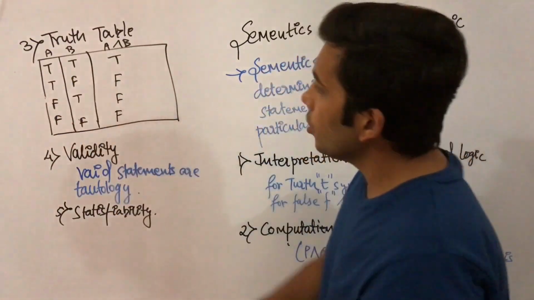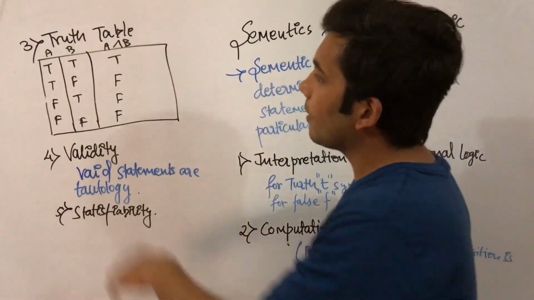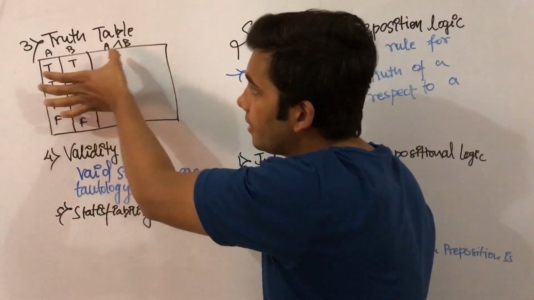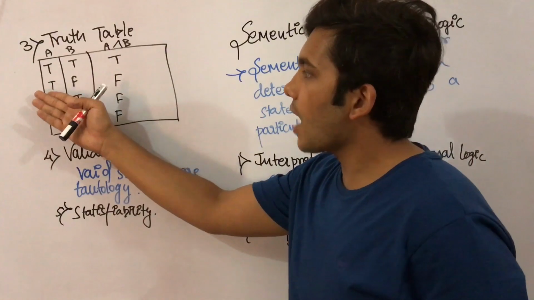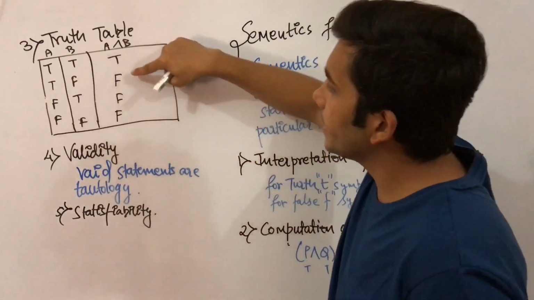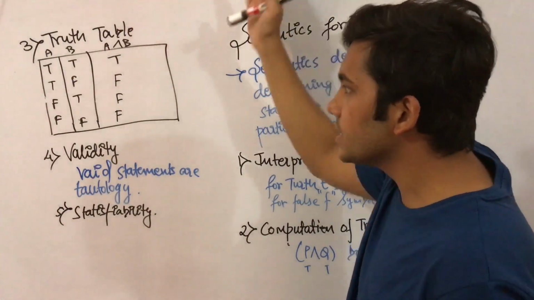How? Suppose Ram is a boy and he is well mannered. Suppose he is well mannered, then we can say A and B is going to be true. Suppose it is like Ram is a boy but he is not mannered, then it is false, because we have already declared Ram is a boy and he is well mannered.